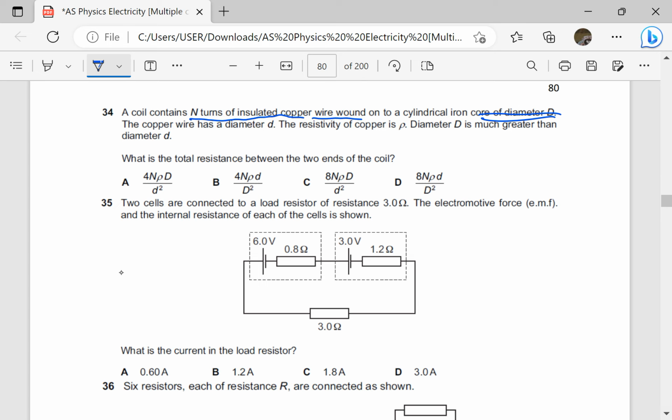So D is the diameter of the cylinder, it is not the diameter of the copper wire. Let's say the diameter of the copper wire is small letter d. Oh, it is even mentioned here. The diameter D is much greater than the diameter small d. The diameter of the copper wire is d. The resistivity is rho. What is the total resistance between the two ends of the coil?